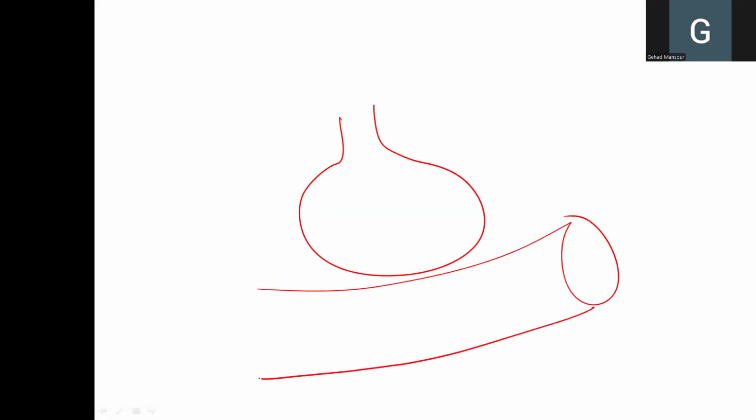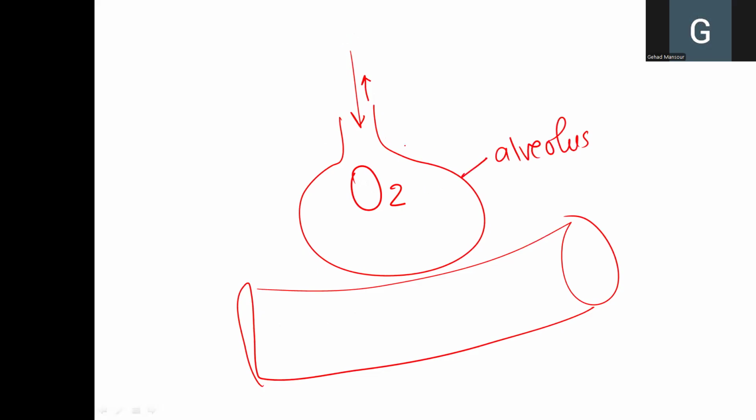We have the alveolus, okay, with the air coming inside and going outside, inhalation and exhalation. But overall, of course, the oxygen here in the air sac, in the alveolus, we are talking about the alveolo-capillary exchange. So you should have in your diagram an alveolus and a blood capillary.